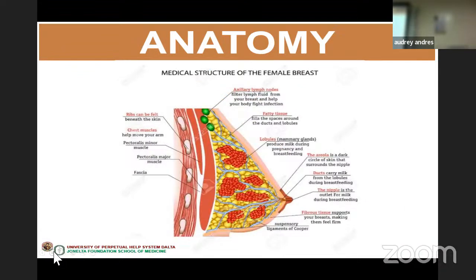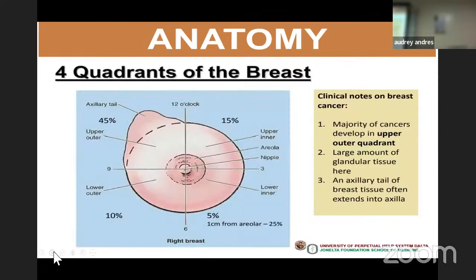So that's your anatomy. Good cards, so regular anatomy, upper inversion anatomy. Upper, outer, quadrant.